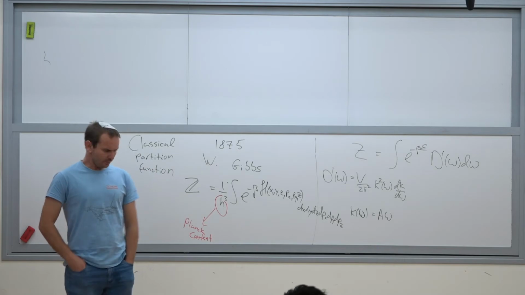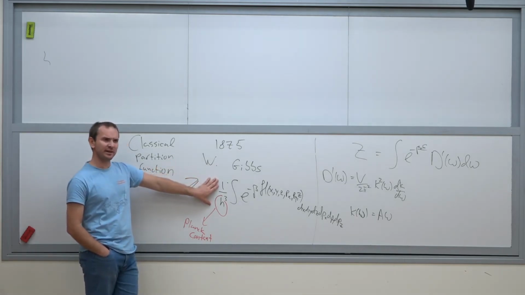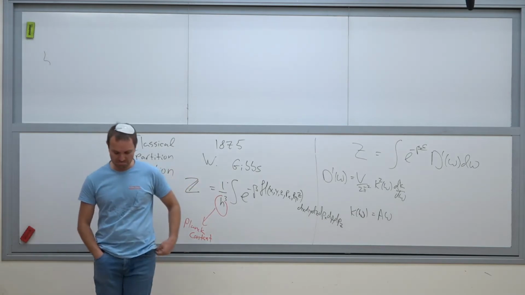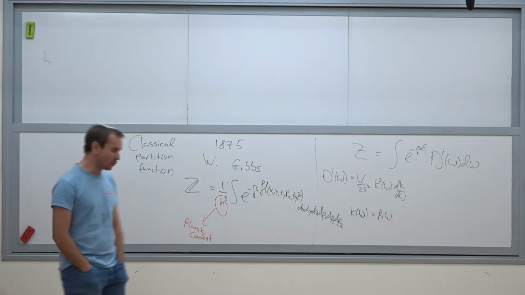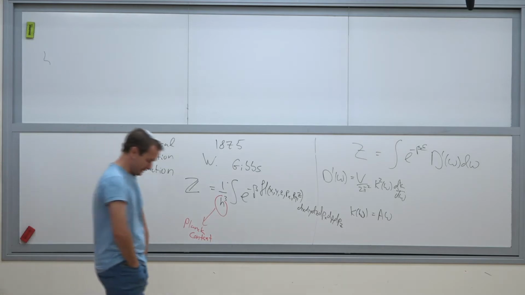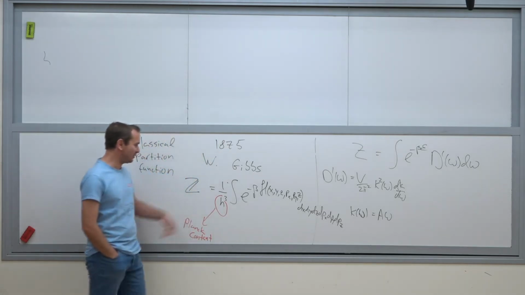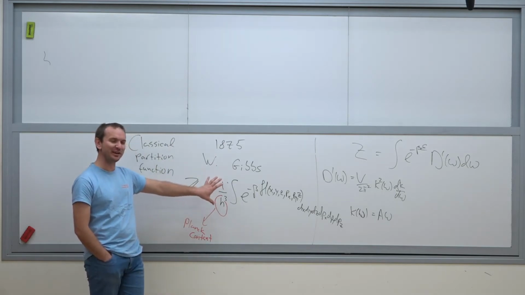For Gibbs, there was some sort of a prefactor; he had some numerical value over here.